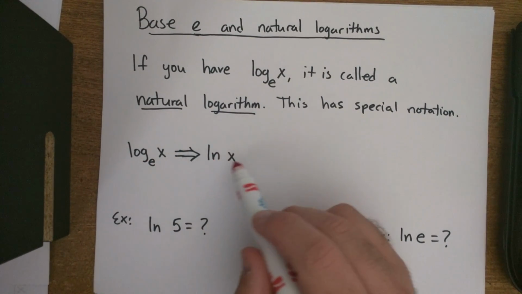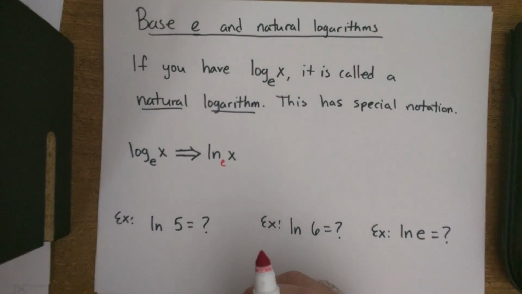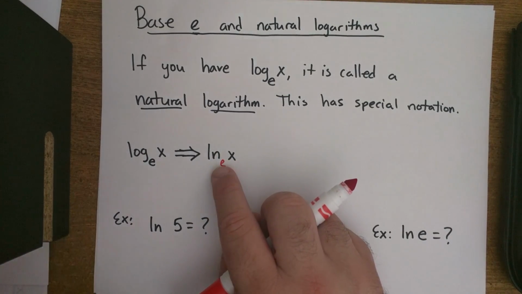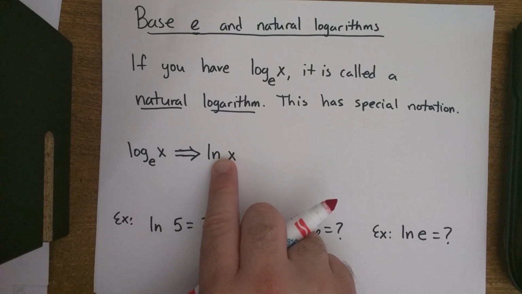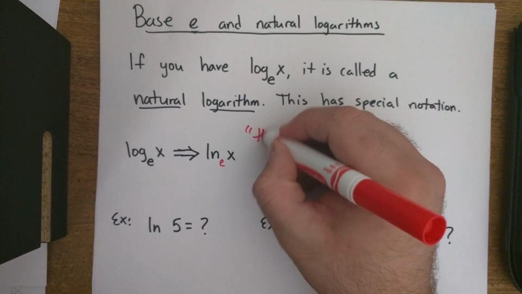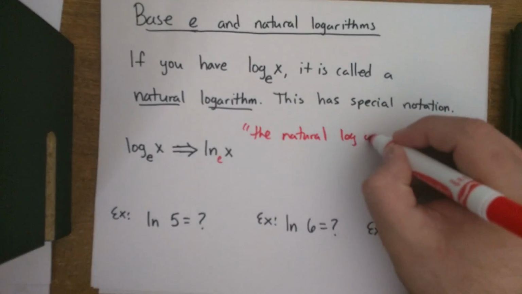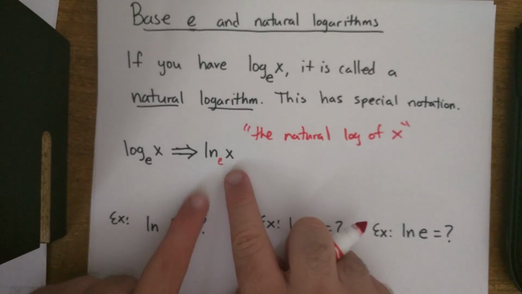Now when you write it like this, the base e is still there. You don't need to write it all the time, but it's still there. So this is right, and the way you say it in words is without the e. It's the natural log of x. Okay, the natural log of x. Okay, so we have ln x.